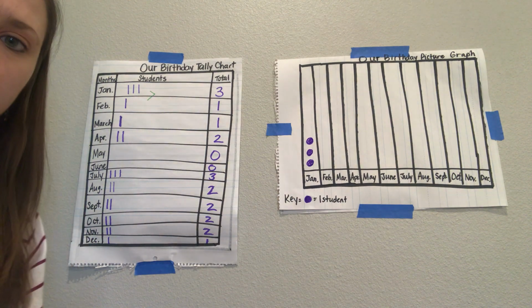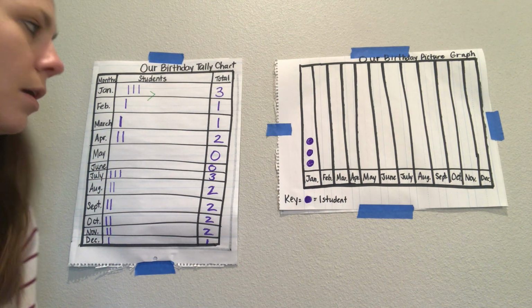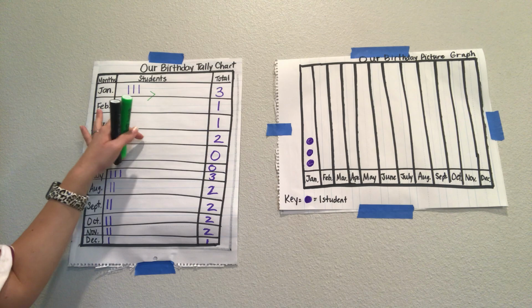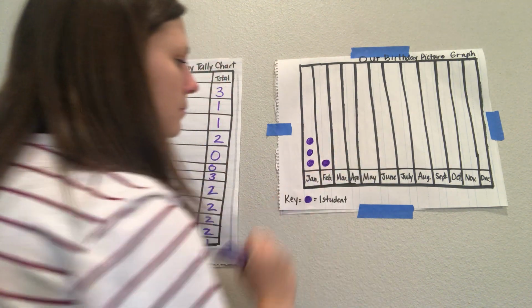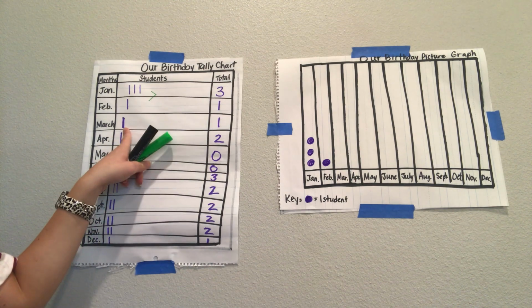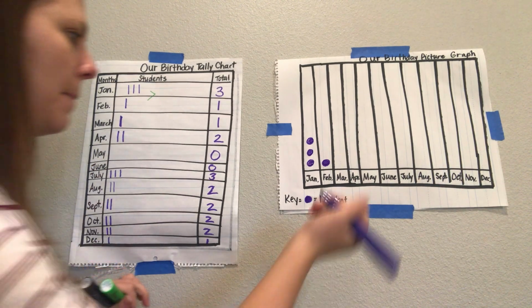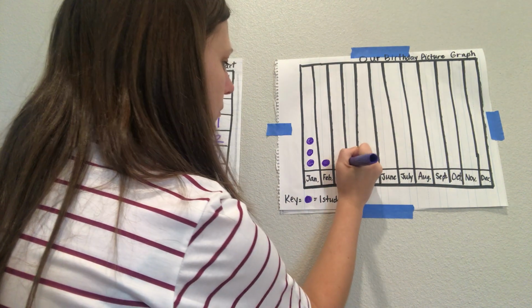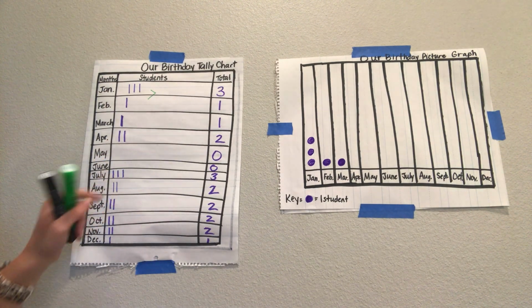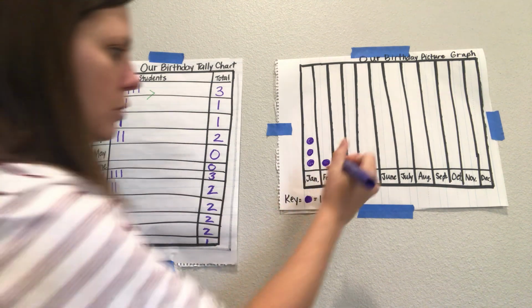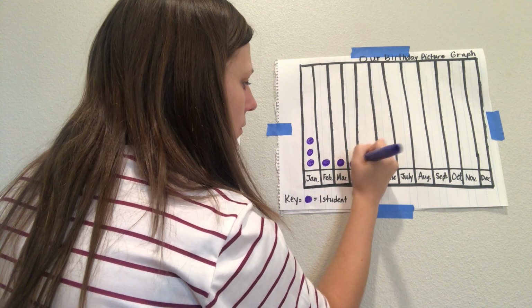For February, there was 1 student with a birthday. For March, we had 1 birthday. April, how many students had an April birthday? 2 students for April.